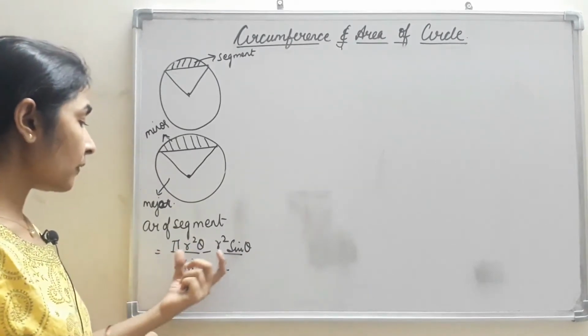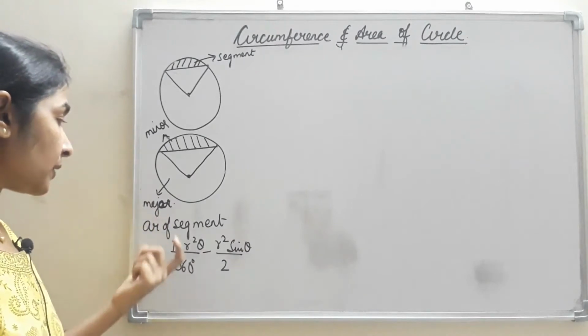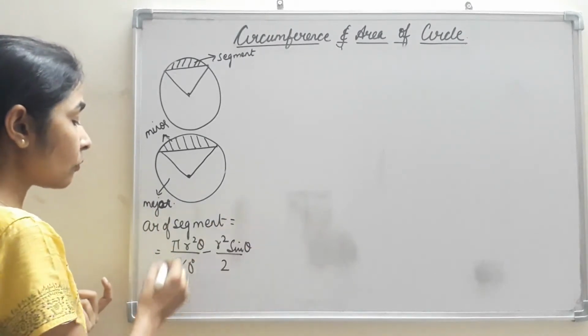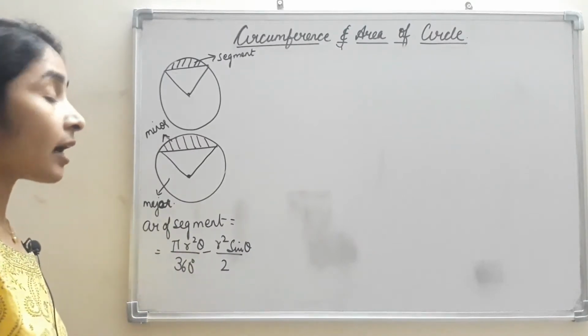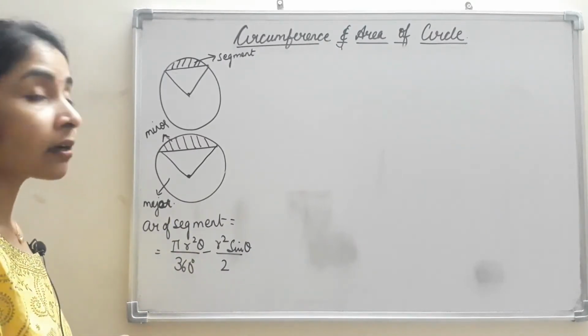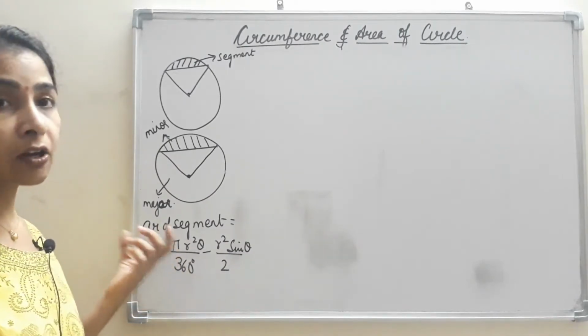So here we have the formula to find out the area of segment, and that is equal to pi r square theta upon 360 minus r square sine theta upon 2. That gives us the area of the segment.